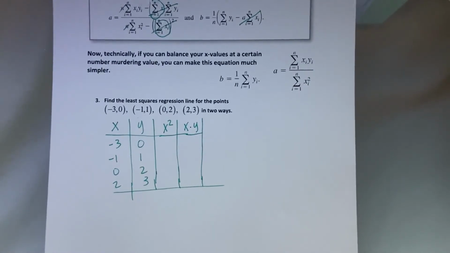So how can I do that when all of my x values, in fact, don't sum to 0? What happens if we do an x shift here? It says to do it two ways, we're only going to do one. I'm going to have to do an x shift here in order to get this to work, because right now the sum of all my x values isn't 0.